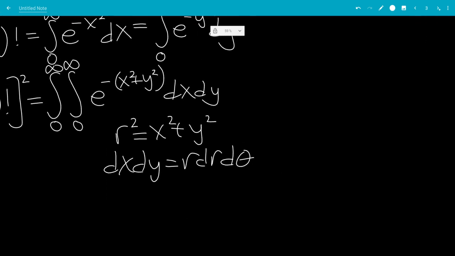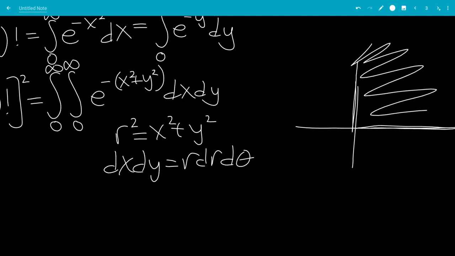So now we're going to plug all that stuff in. So when x and y are between 0 and infinity, if you look at a plot, x goes from 0 to infinity and y goes from 0 to infinity, it's just the first quadrant. So r goes to infinity, and theta goes from 0 to pi over 2.